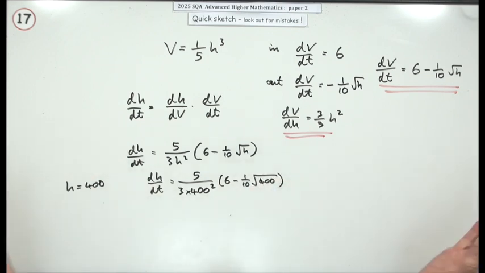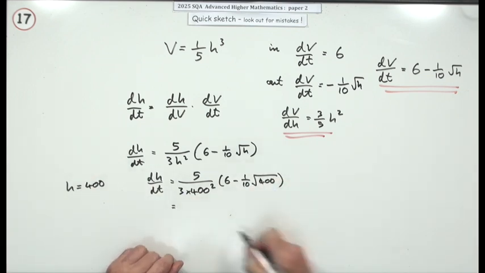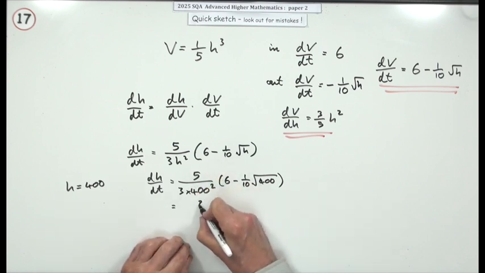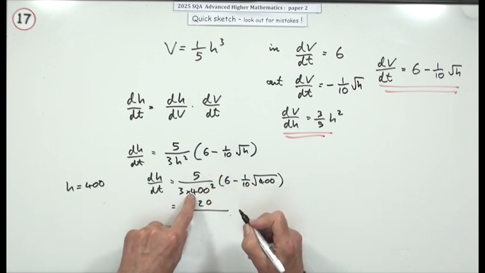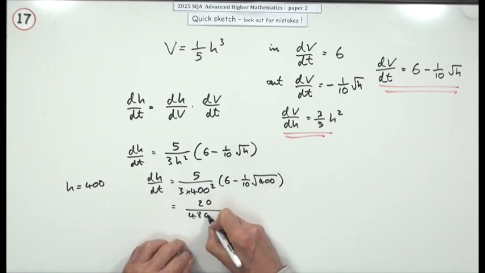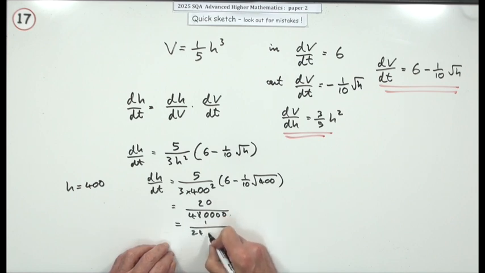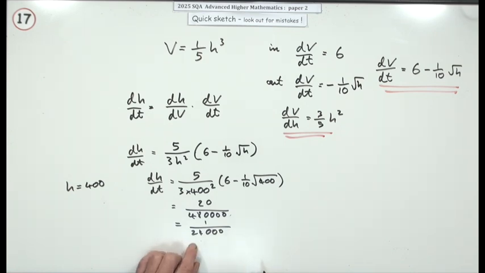You could just press the buttons there and that would do it. So that comes to 4, so that makes that a 20, and that's a 1648 with 4 zeros. Then I can knock off a 0 and halve that: 1 over 24,000 centimetres per second.